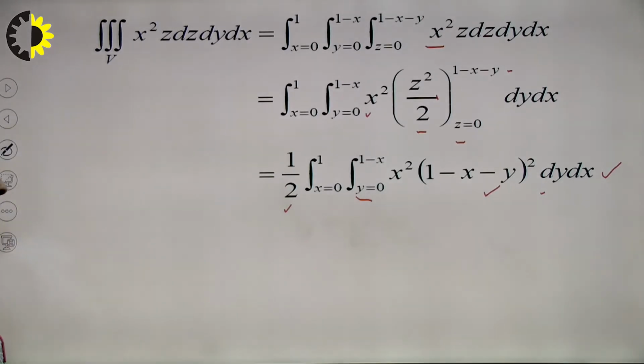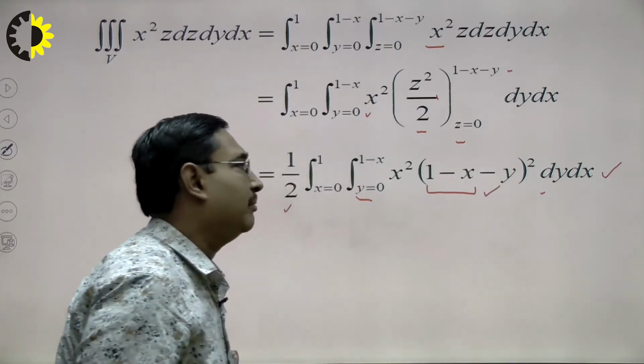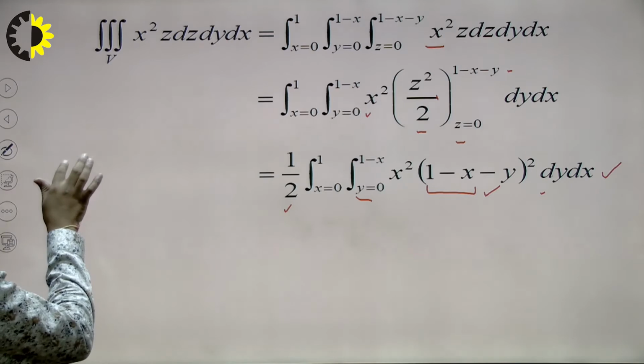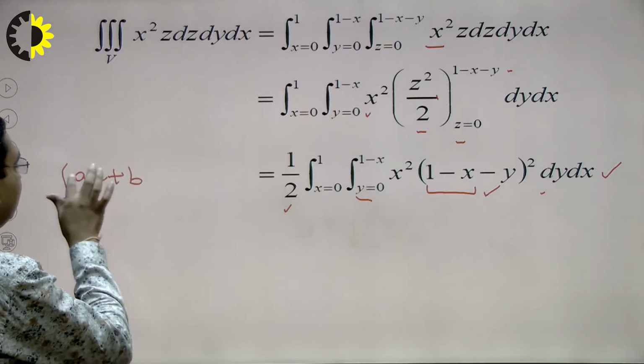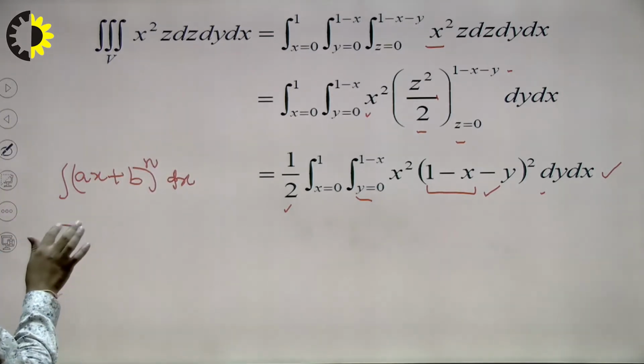When we integrate with respect to y, this term 1 minus x will be treated as constant, and in that case I can use the integration of ax plus b raised to the power n directly.